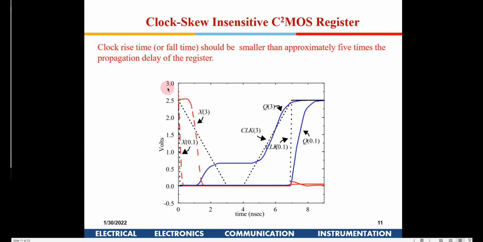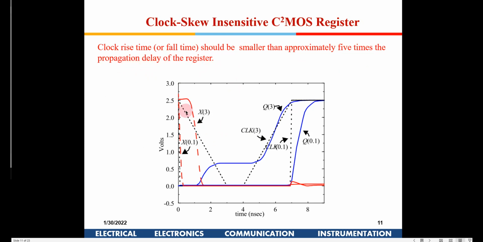Another constraint is the rise time and fall time of the clock and clock bar signals. Empirically, through simulations, it has been observed that it should be 5 times smaller than the propagation delay of the register.